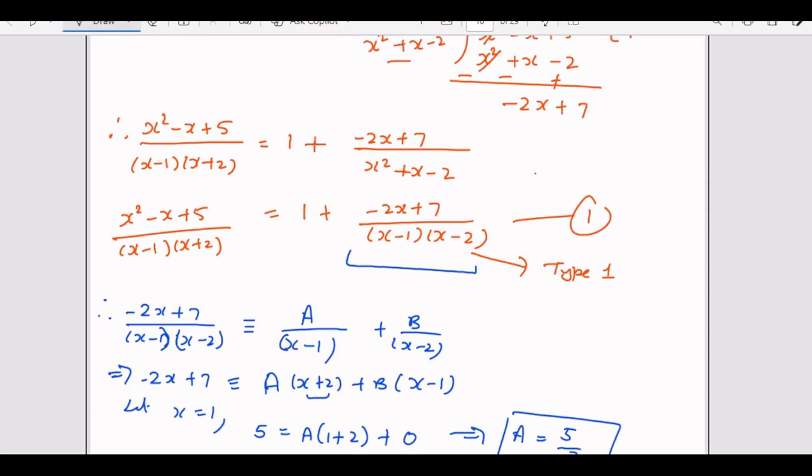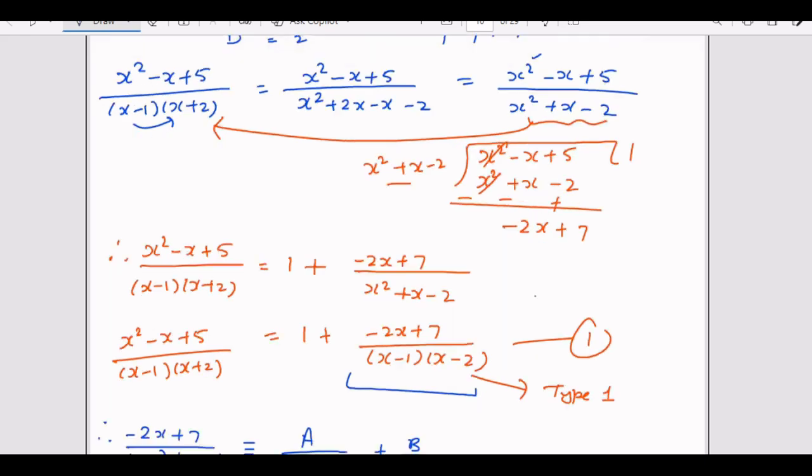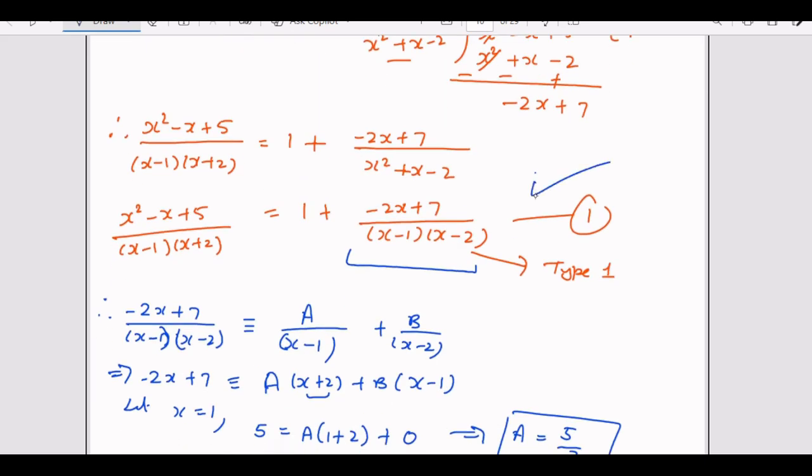So then we will take it from equation 1 here, that one we take here.